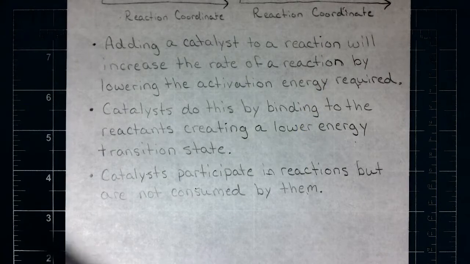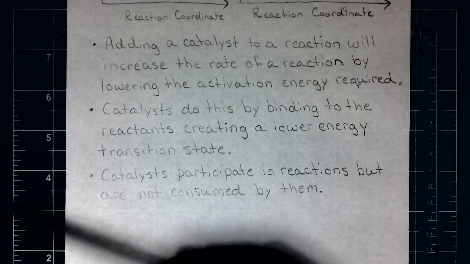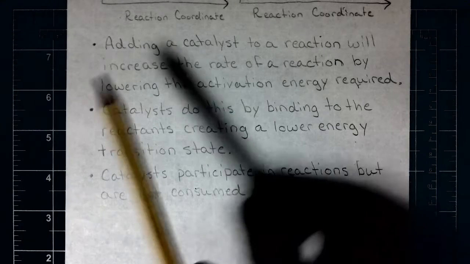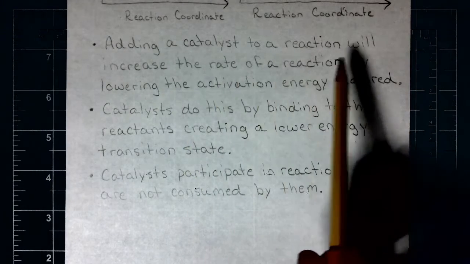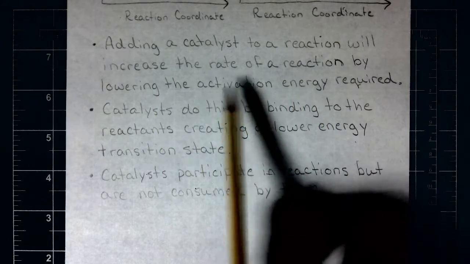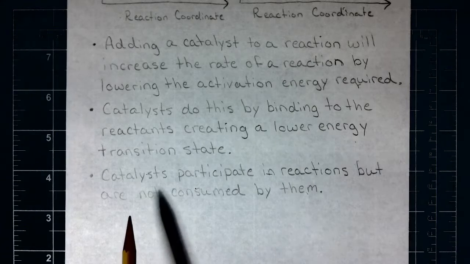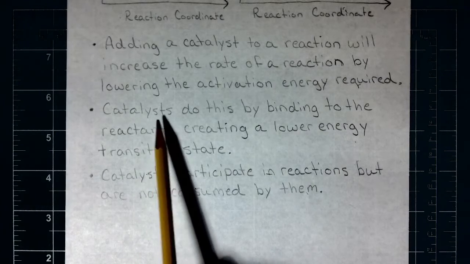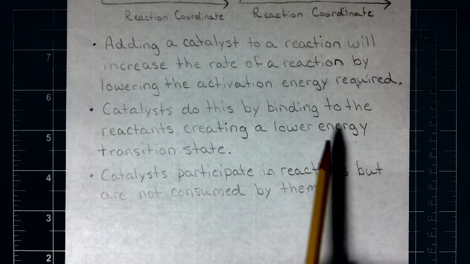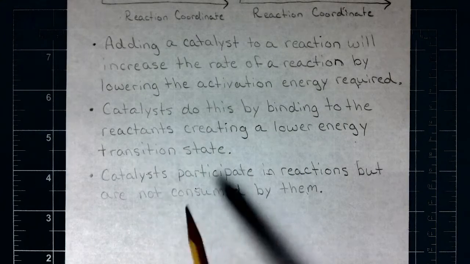So let's go through a few bullet points here that are important to understand about catalysts. Adding a catalyst to a reaction will increase the rate of a reaction by lowering the activation energy required. Catalysts do this by binding to the reactants, creating a lower energy transition state.